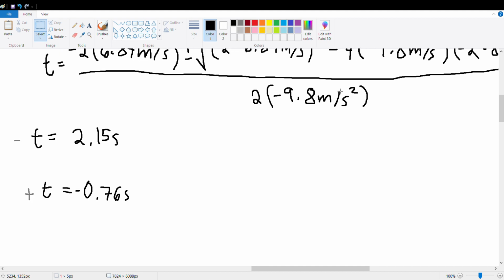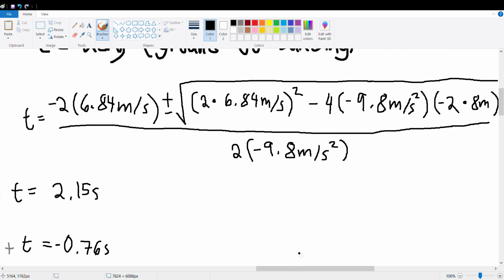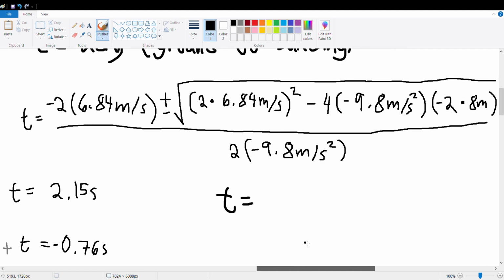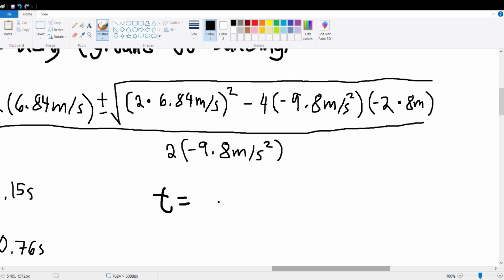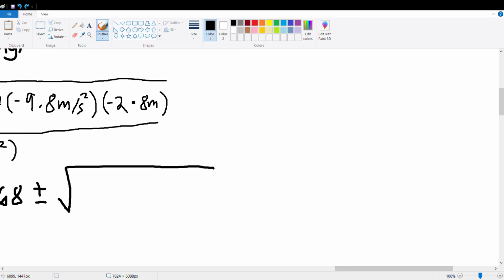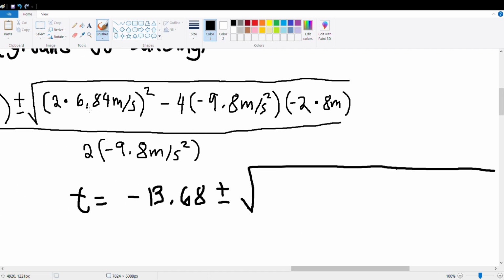Okay, so this is how you will be solving the quadratic equation in a proper, total solution. So negative 13.68 plus minus the square root of, now let's multiply all of these together.